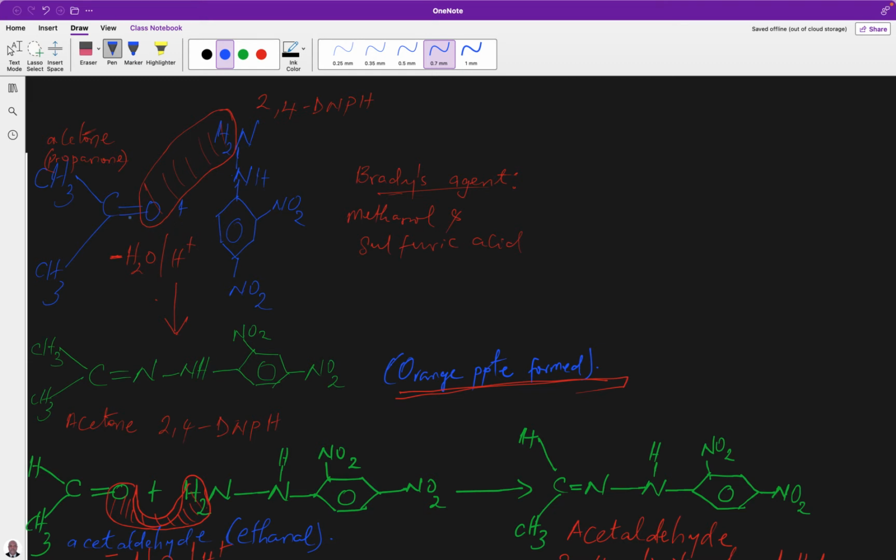This bond is highly polarized, the same way the nitrogen-hydrogen bond is. So there is going to be a reaction between the oxygen and the hydrogen, forming a molecule of water. This is a condensation reaction, and a molecule of water is released.